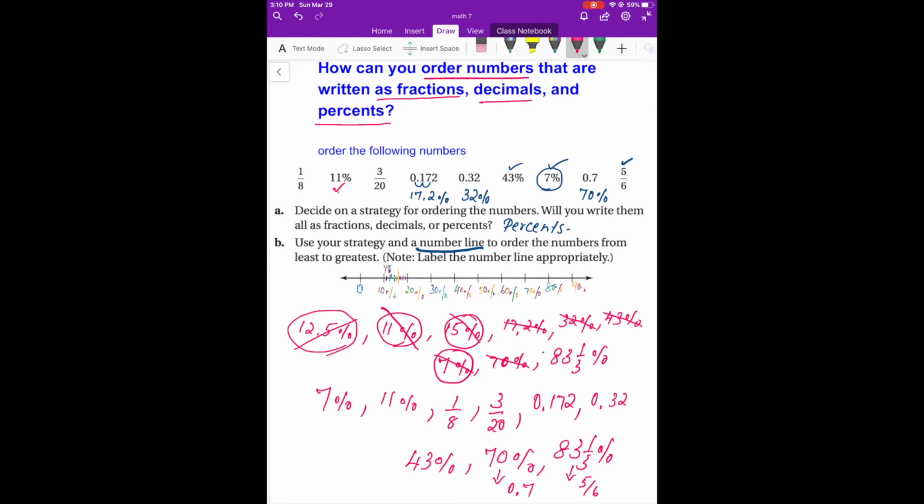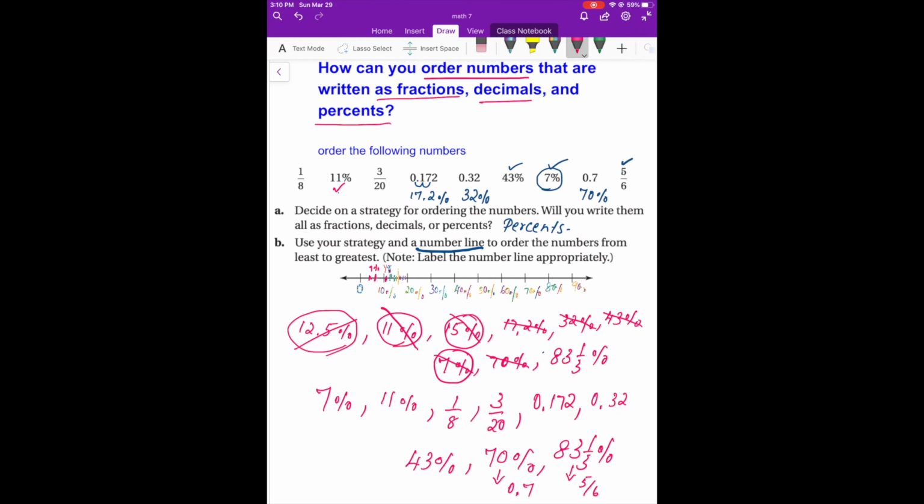We already know 7% is less than 10%, so it's more than 5%. So somewhere here you put 7%, and we already placed 1/8. But 11% is between 10 and 1/8, so that is 11%.